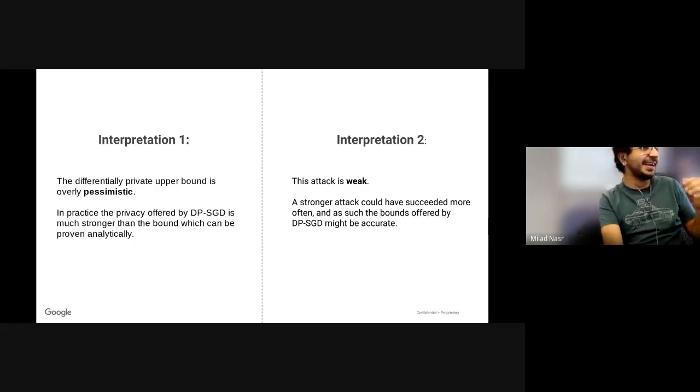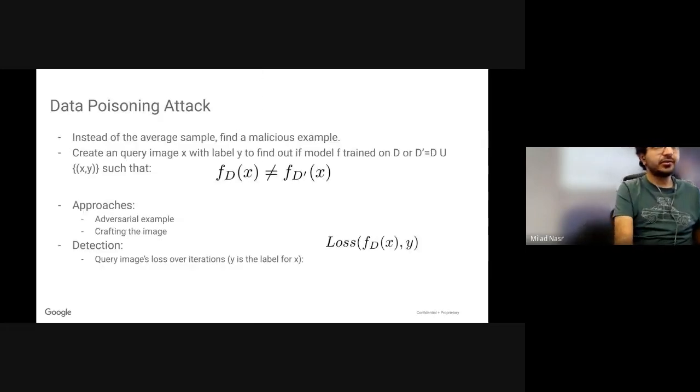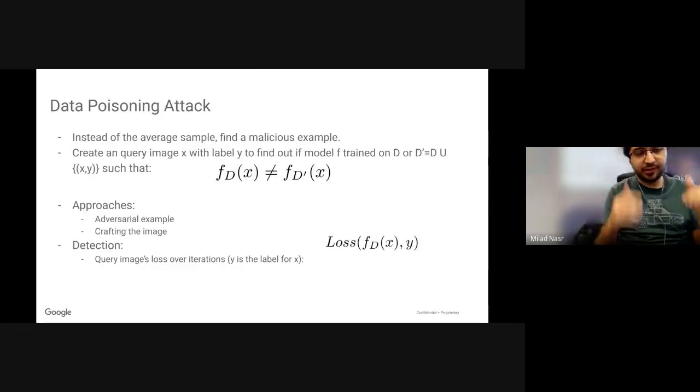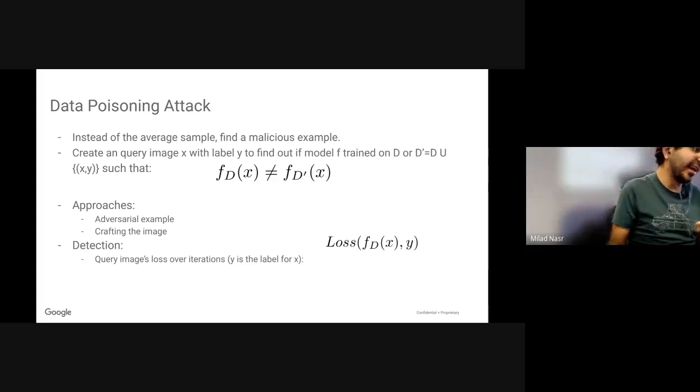Hopefully. So to evaluate the DP-SGD bounds with a better adversary, we first of all look at the inputs that the adversary adds. In membership inference, the adversary just looks at the test dataset and selects one, which is a random sample from an underlying data distribution. It might not be the best example to add.